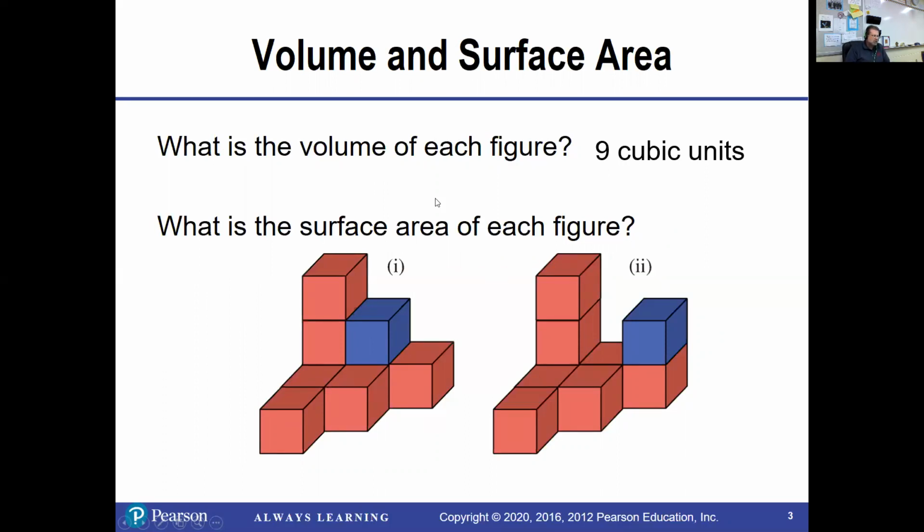Now in the surface area, you're going to count sides. In this, they are under the assumption that every side, including bottoms, counts.